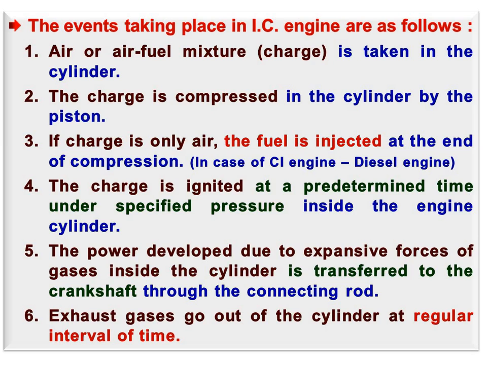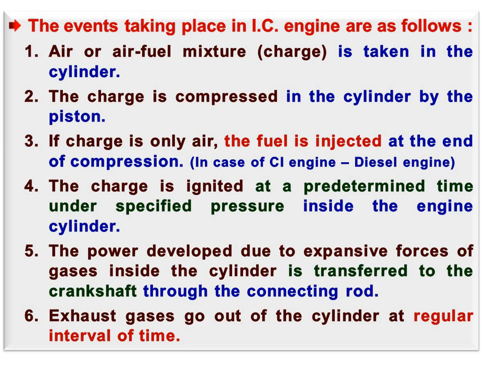These gases force the piston, and the piston travels from top to bottom in the power stroke. That gets the rotational energy, and ultimately it is transferred to the crankshaft through the connecting rod.